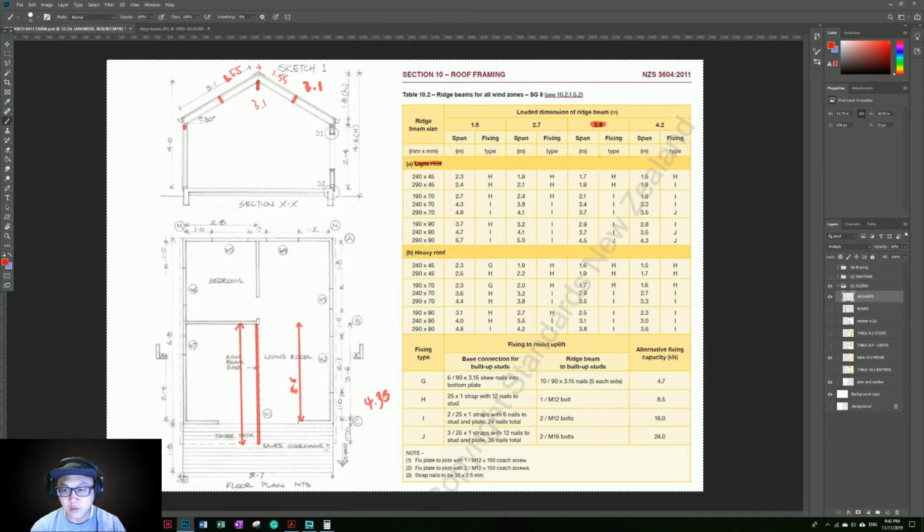So we need to look for a span of 3.6. So you get this one, but because it's only 70, we need to keep going. So it's 240 by 90.